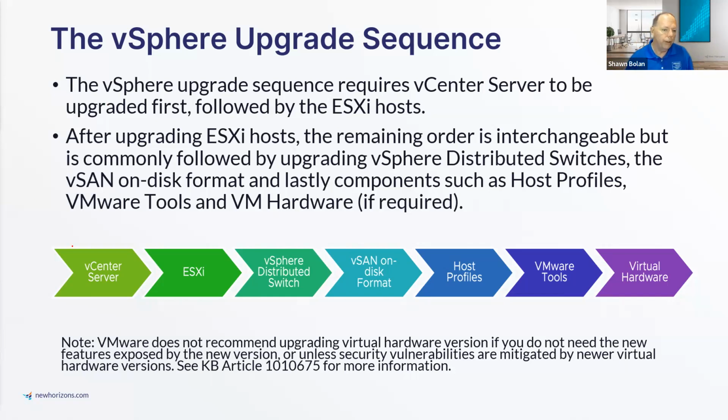So the very first thing that you must upgrade is vCenter. There are no choices. You cannot upgrade your ESXi host to version 8 before your vCenter is on version 8. That is hard and fast. That's the way it works. Now, that's not new in any way, shape, or form. That's the way it always has been. So if you've gone through other upgrades of vSphere, we've always had to do vCenter first. Okay, no big surprise there.